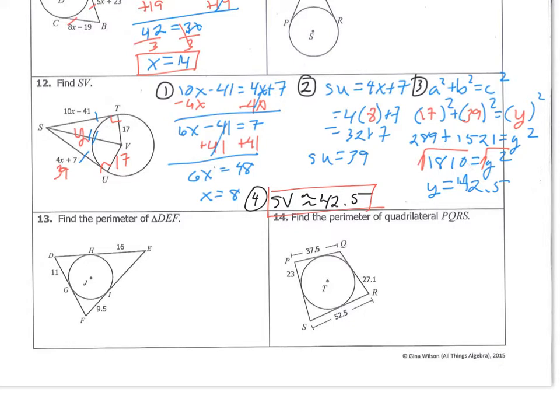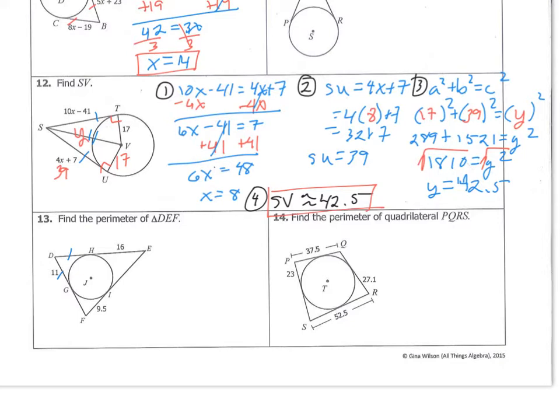All right, 13 and 14 deal with the last theorem that we had up there. So they give you a few pieces of information. They give you that this is 11 here from here to here, this is 16, and this is 9.5. All you have to do is look and say, okay, if this is 11, don't we know that this piece is congruent to that piece?